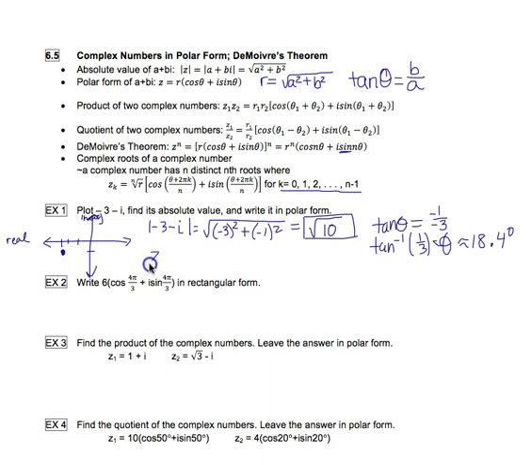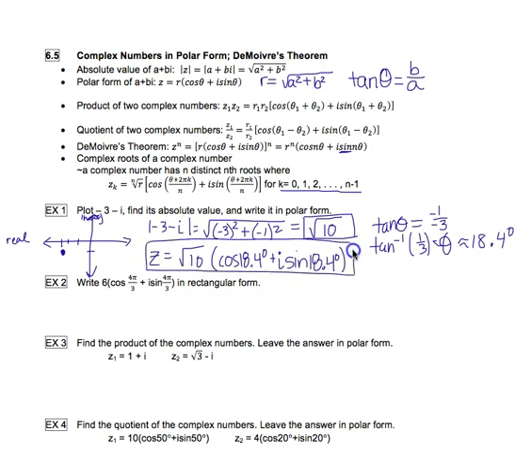So polar form: z equals r, which is radical 10, times cosine of 18.4 degrees plus i times the sine of 18.4 degrees. And that is the last thing that we needed to do for that example.